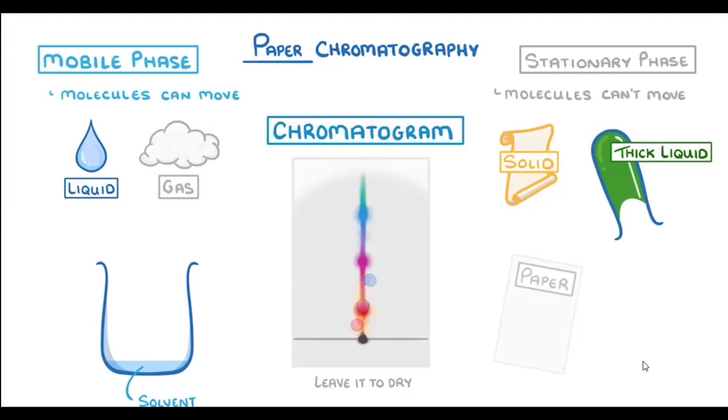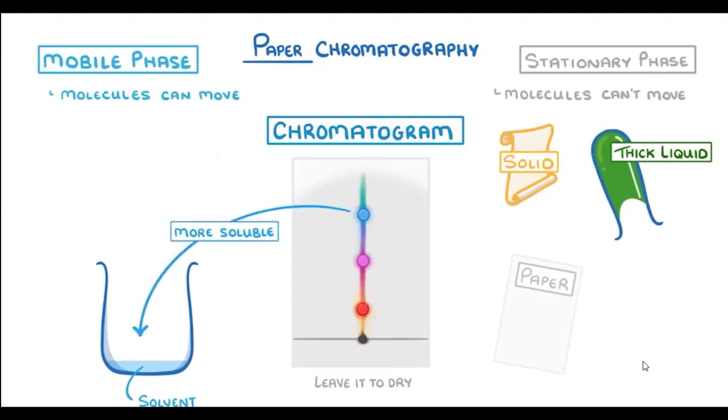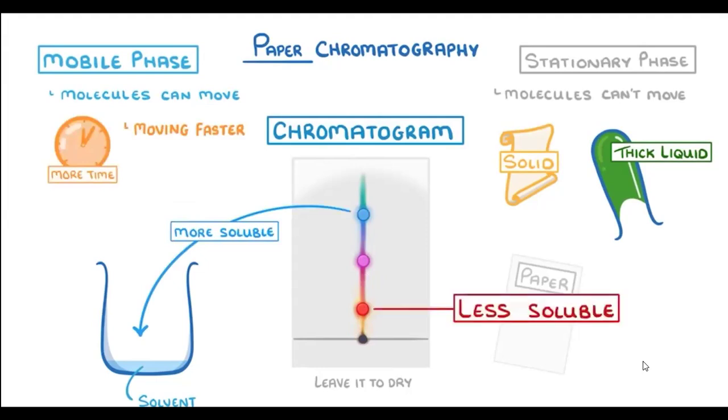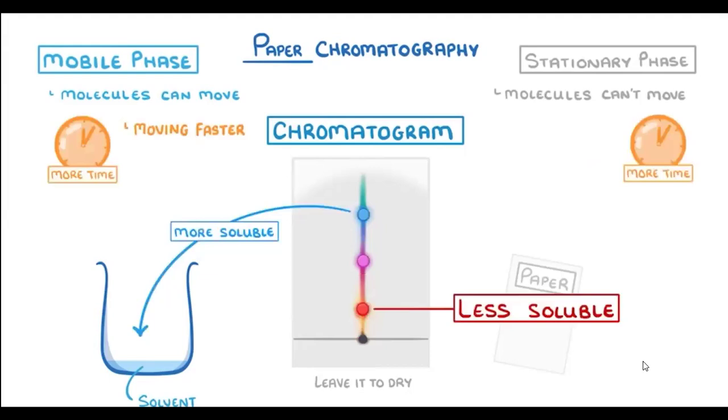And so overall, how much time they spend in each of these two phases is going to determine how fast they move up the paper, with the chemicals that are more soluble in the solvent spending more time in the mobile phase and therefore moving faster, and those that are less soluble or are more attracted to the paper spending more time in the stationary phase and so moving more slowly.